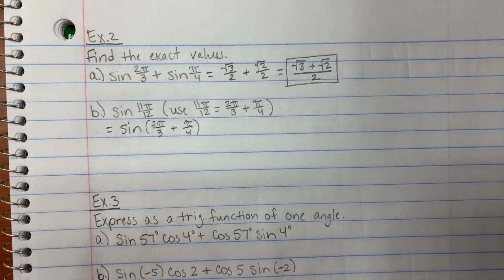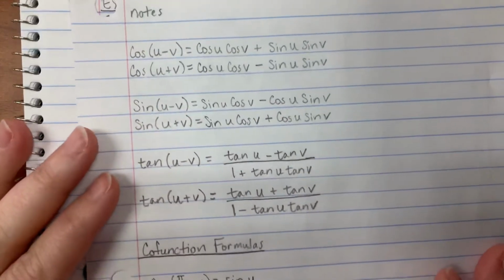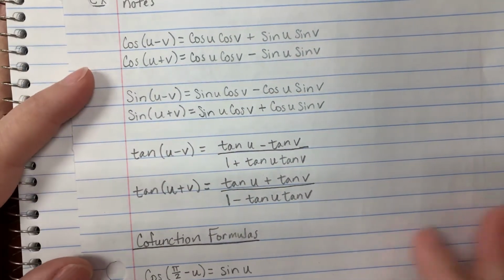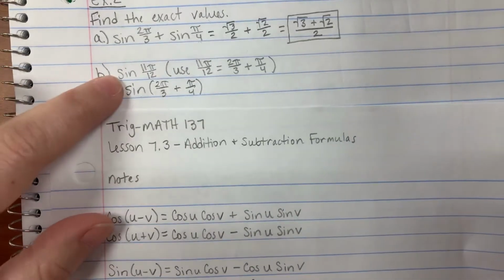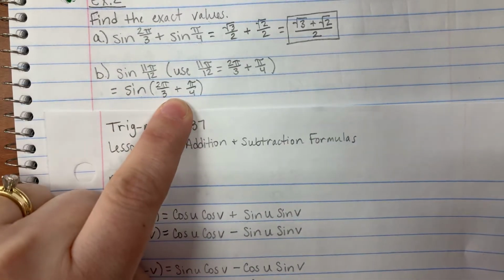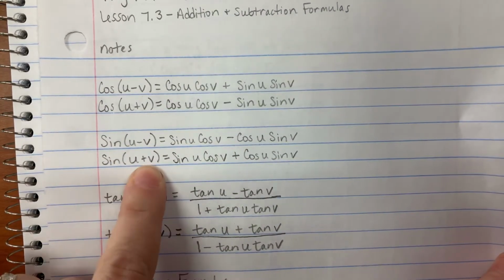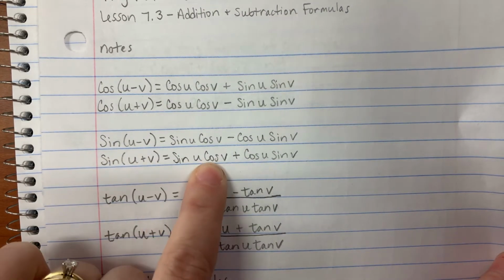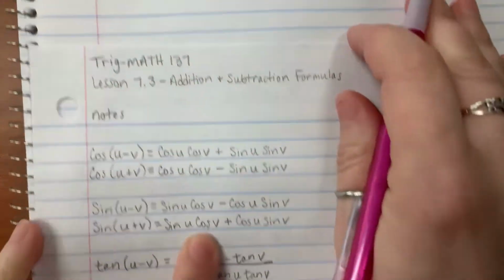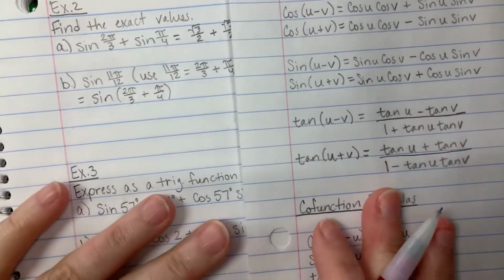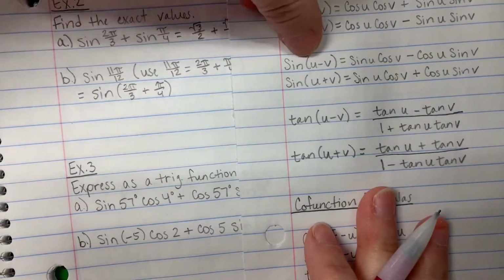Okay, so if I do that, then all of a sudden I have one of those rules from over here, one of my addition or subtraction formulas. So in this case, I was talking about sine, and it was addition. So when I look at these rules down here, I'm looking for the sine with addition. Okay, so now I've got this formula right here.